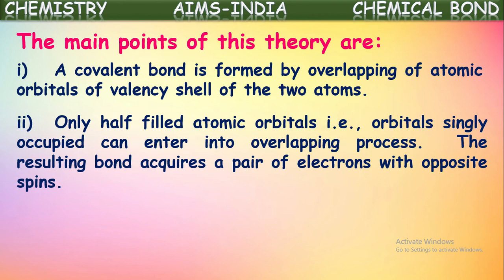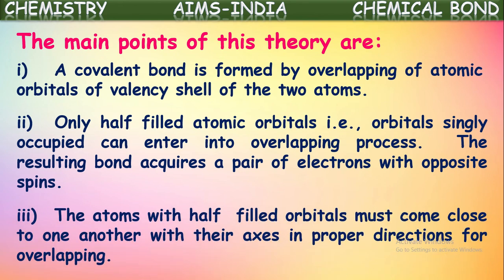So those atomic orbitals in the valence shell which contain single electrons, that means half-filled atomic orbitals, only they participate in this overlapping process and hence result in the covalent bond formation. Once these atomic orbitals overlap each other, those single electrons both become paired electrons and they acquire opposite spins.